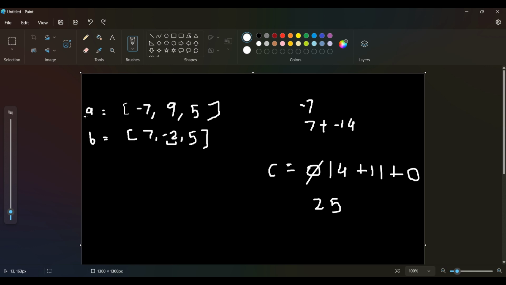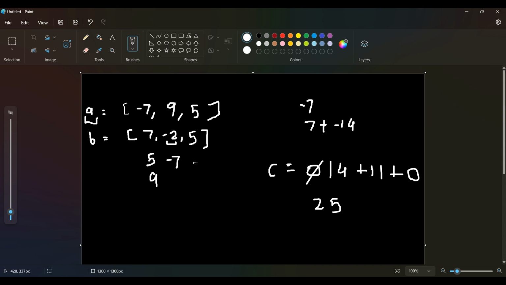Now let's say I'm performing operation 1. I am rearranging array A so that I minimize the cost. What will be the most optimal rearrangement? For 7, I will have either 5 or 9, because the difference of 7 minus 5 and 9 minus 7 is the same. For minus 2, it should be minus 7, because it is the minimum possible cost of adding or subtracting a positive integer.